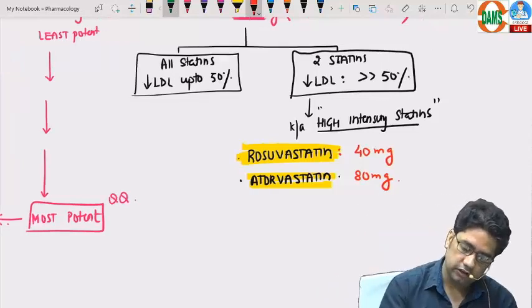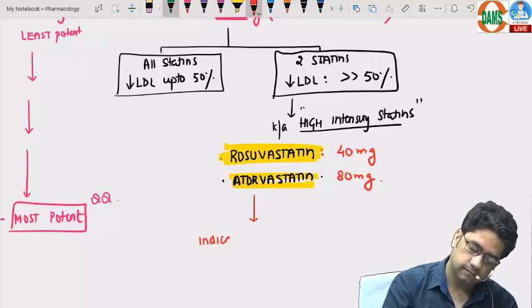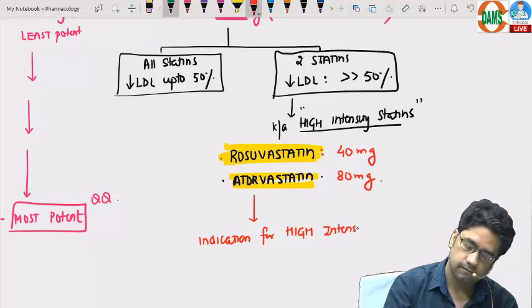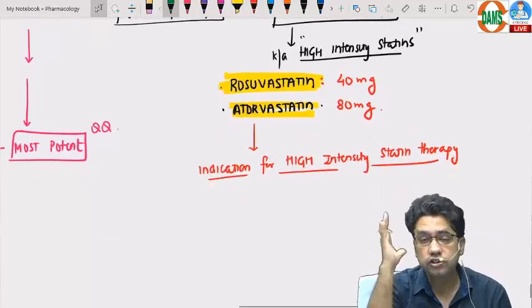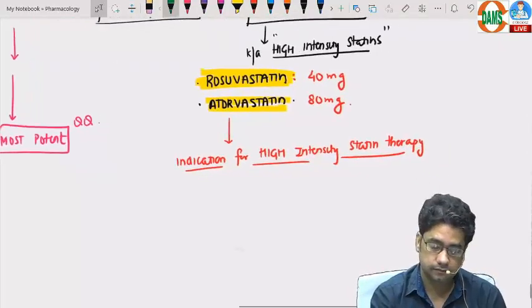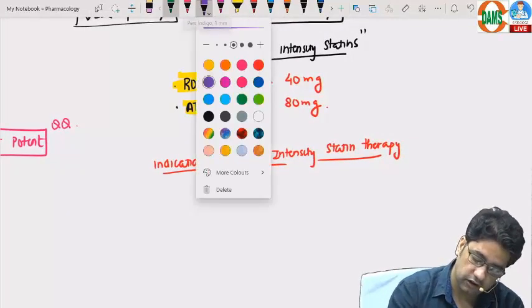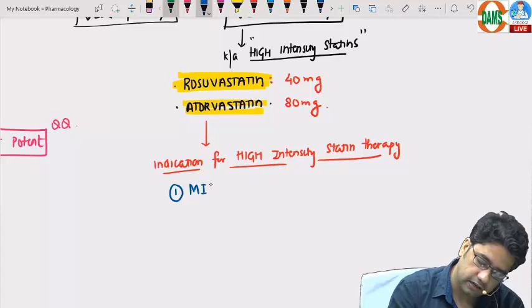Now, because of this reason, we will write what is the indication for high intensity statin therapy. In which condition we want to reduce LDL very, बहुत ज्यादा LDL हमें कब कम करना है? What is the indication? Yes, the first indication is we all of us already know if the patient is having MI or stroke.